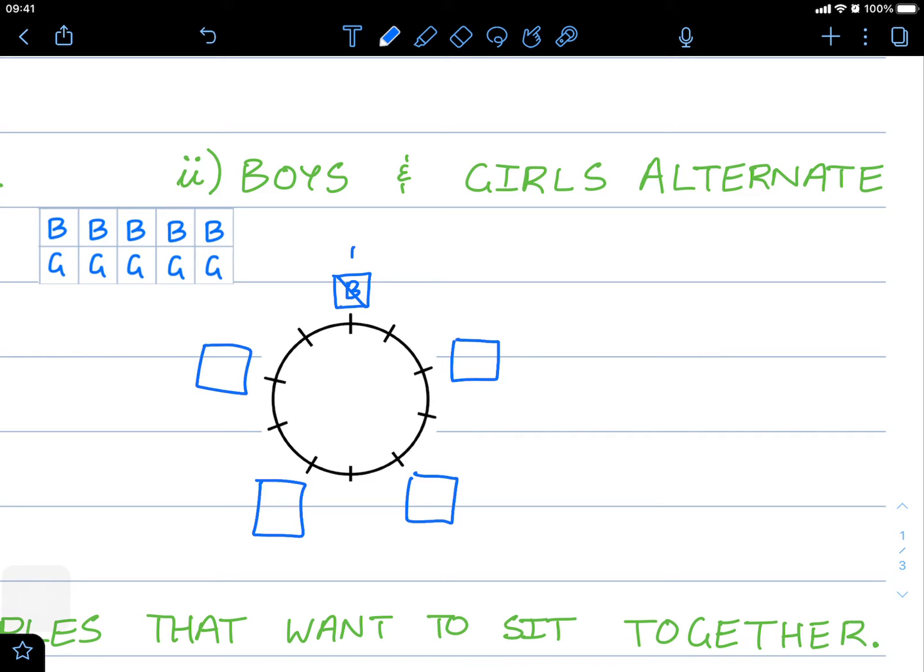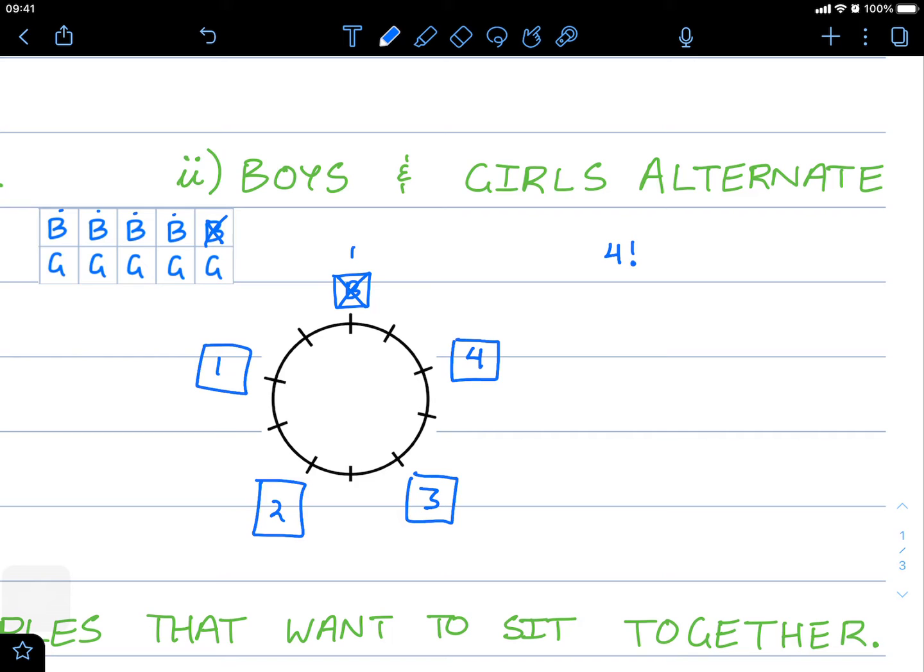If one of them is now here, there are 1, 2, 3, 4 ways left to sit another boy in this position. So that's 4. And then for this one, there are 3 left, and then 2 left, and then 1 left. So there are 4 factorial ways to sit the boys separately.